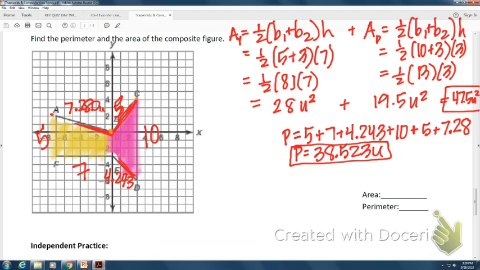Perpendicular to the bases. So whether it's a trapezoid, whether it's a triangle, make sure your heights are always perpendicular to your base. Okay, try number 1 on your own. Go.